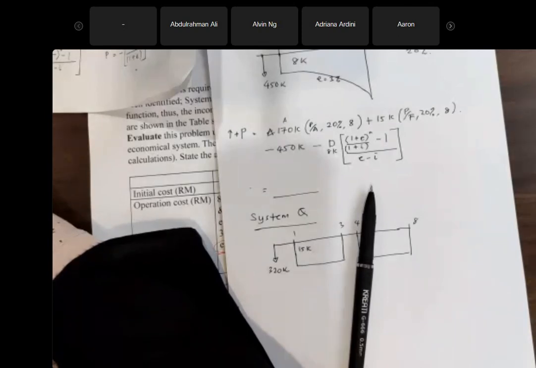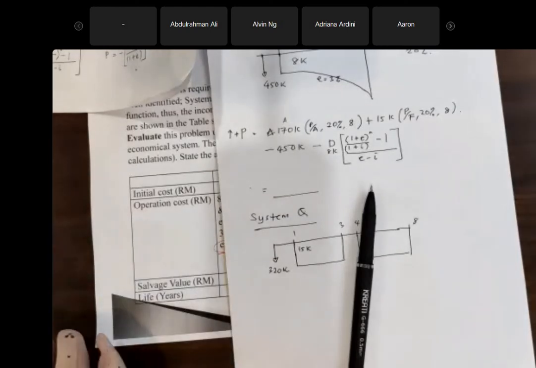Then 50K in P over A is fine, but this one you have to convert to year 3. Okay, correct. And then 10K, this one is salvage. Generally everything is correct, so you just calculate. The answer is 172 and 210. Okay, good.